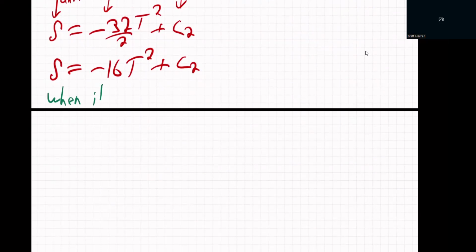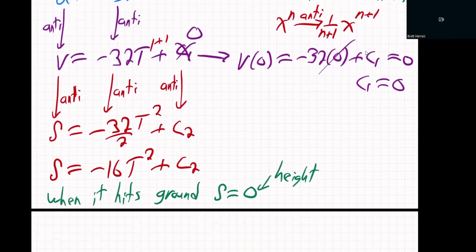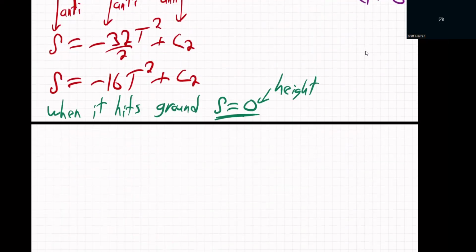When it hits the ground, S equals 0. Remember that S is the height, the position. So when the stone hits the ground, it has a height of 0.